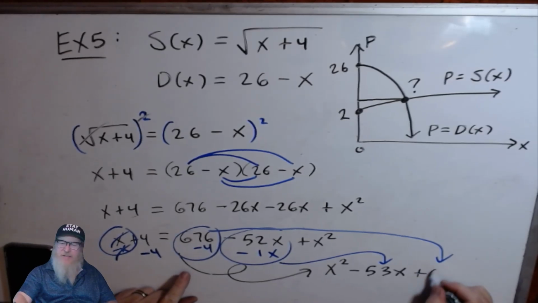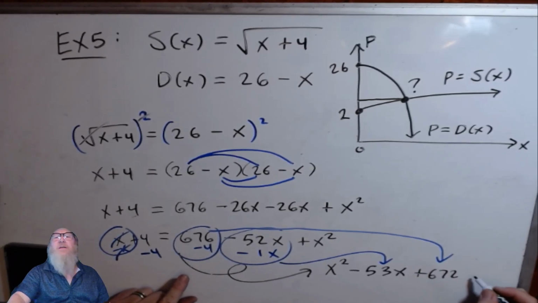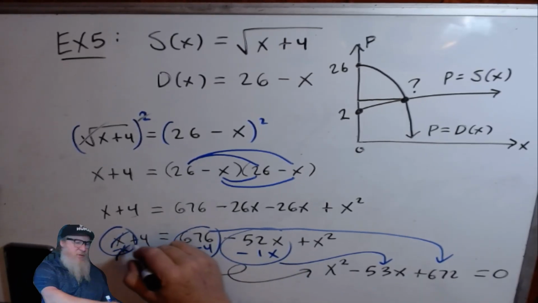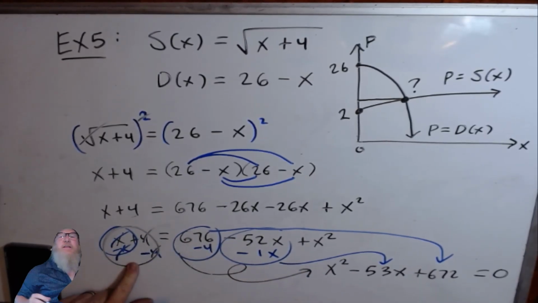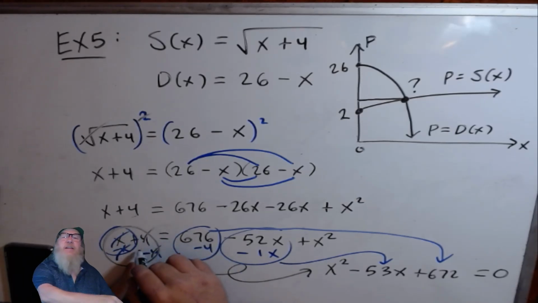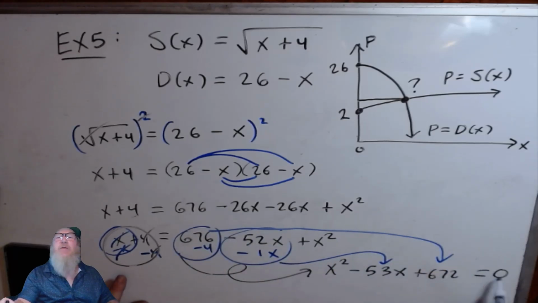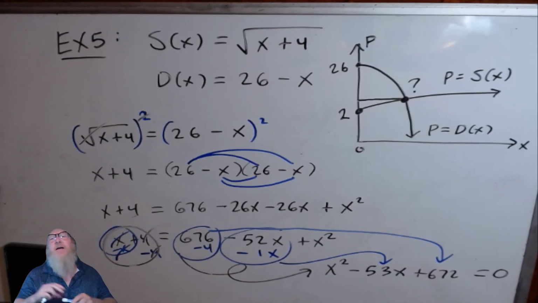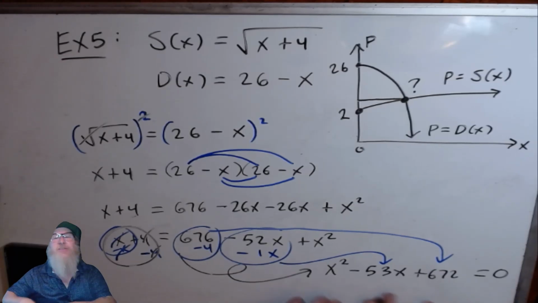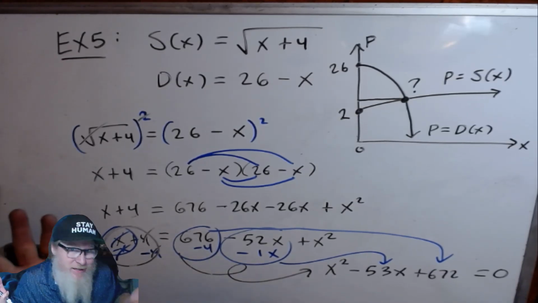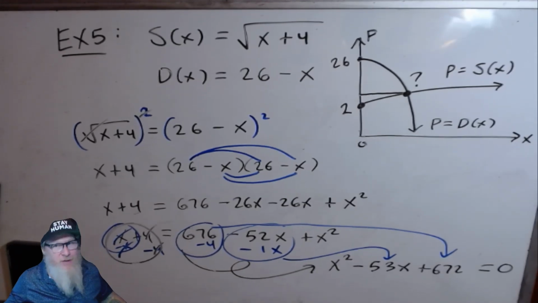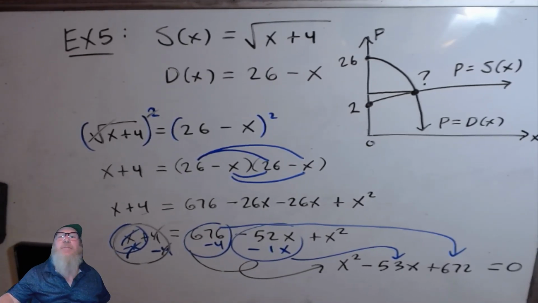So I'm going to get 672. And then I'm going to set it equal to 0 because all the stuff that I subtracted off of the left-hand side is now equal to 0. And I'm just writing it in standard order. x squared minus 53x plus 672. Standard descending order. There is another standard called ascending, but I'm using descending.